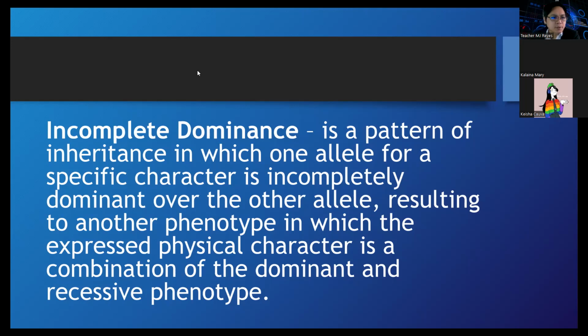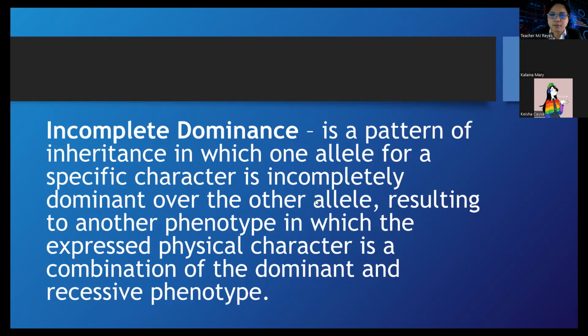For example, you are tall, but you are carrying a gene for short. That's incomplete dominance. Why? You are not expressing the gene for short, but you are expressing the gene for tall. It's incomplete dominance. Okay, one allele or gene is dominant over the other allele.